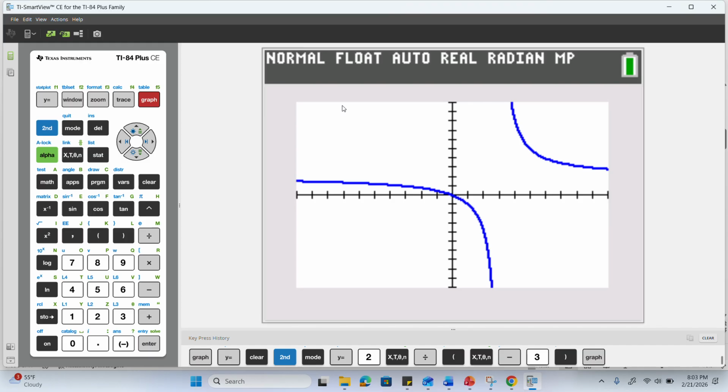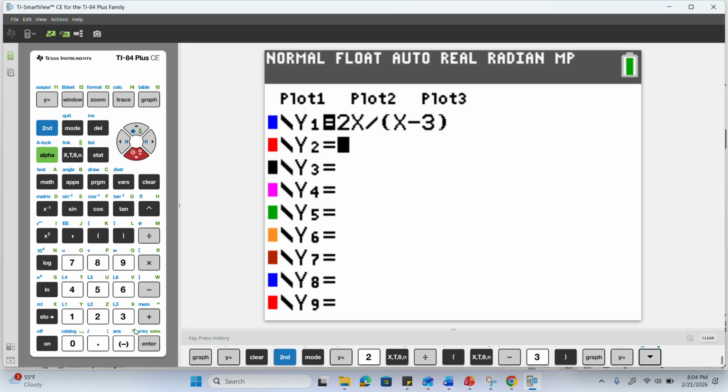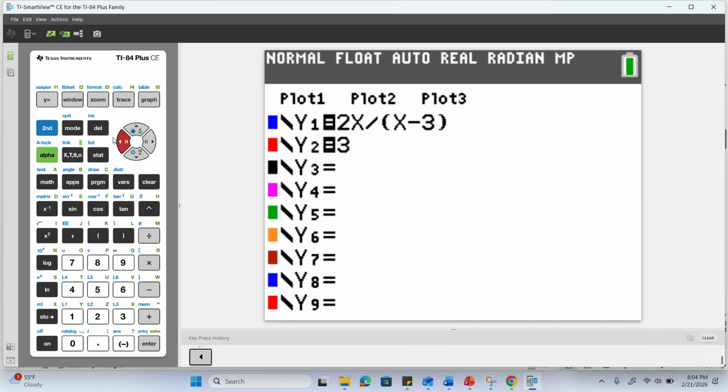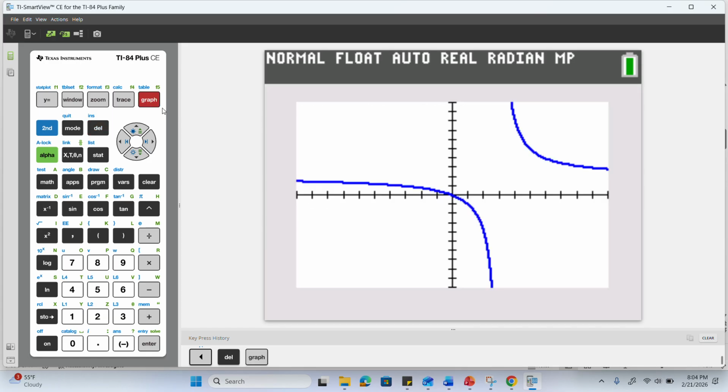If I graph this, what we will notice here is that we have two lines really. Two lines, but when we get to x equals 3, they don't really cross that line. And to kind of prove that to you, I can't let y2 be 3 because it's a vertical asymptote, so that's not going to work. You're just going to have to look at it, I guess.